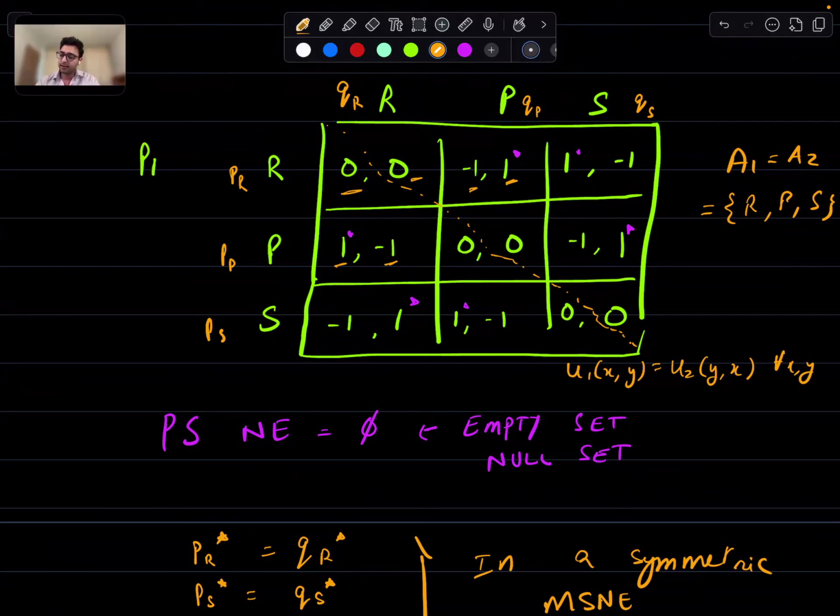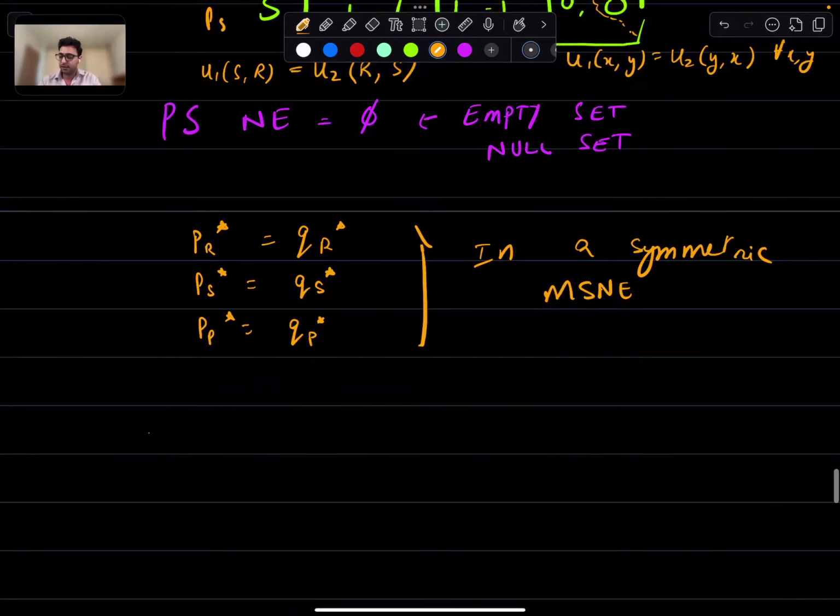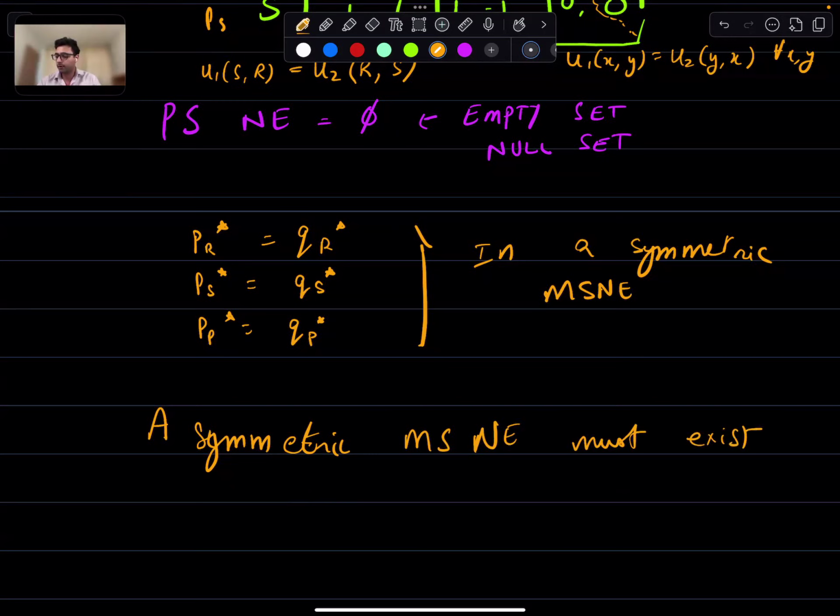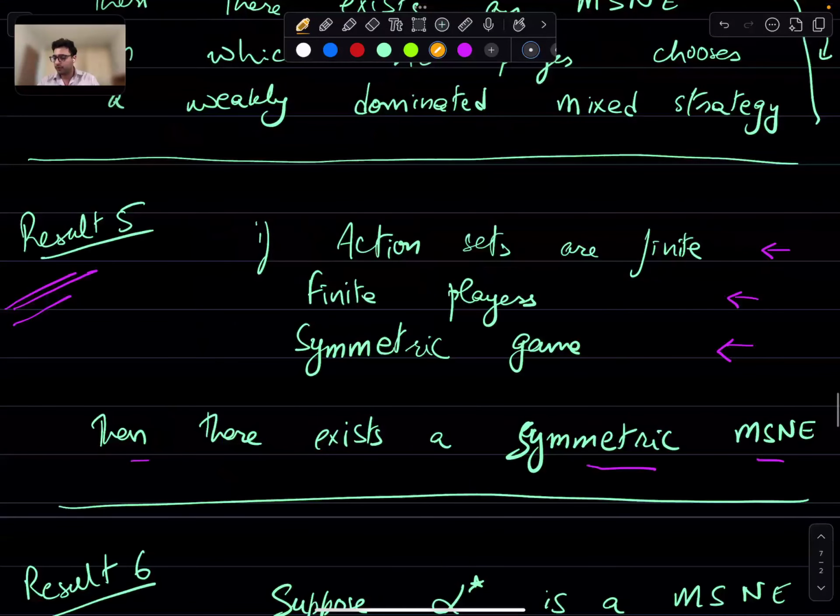It means that what player 1 earns when player 1 chooses S and player 2 chooses R, so u1 of S R, should be reflected by what player 2 earns when player 1 chooses R and player 2 chooses S. Because each of those payoffs is reflected along this negative 45-degree dotted line that I drew here, this is a symmetric game, which means that a symmetric MSNE must exist. This just follows result 5.